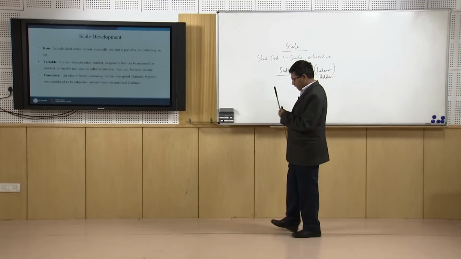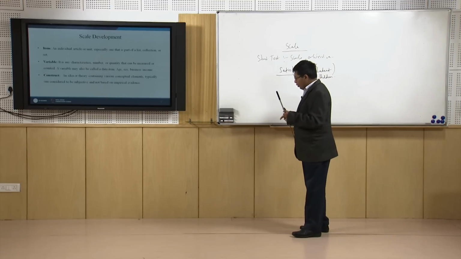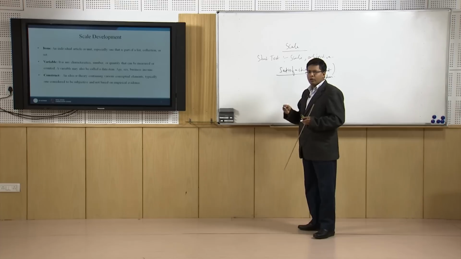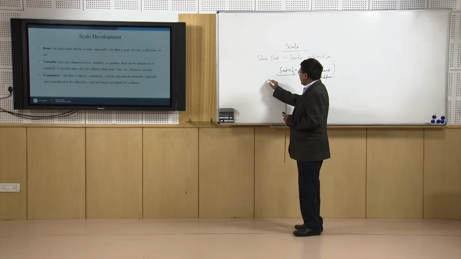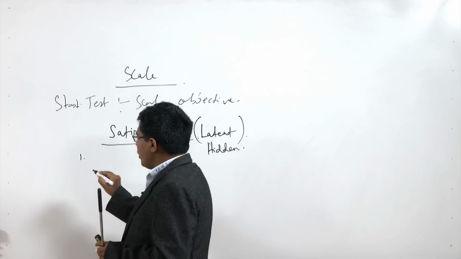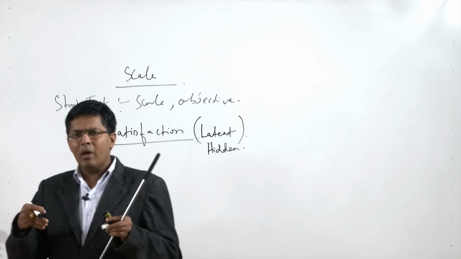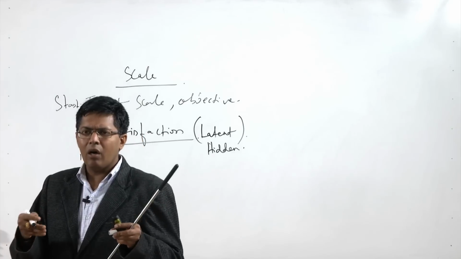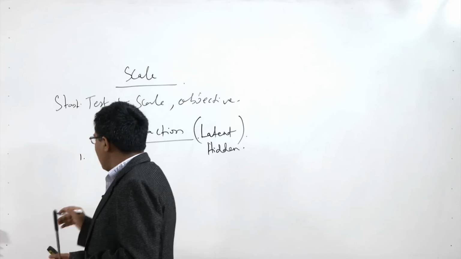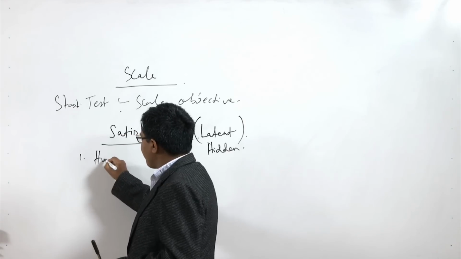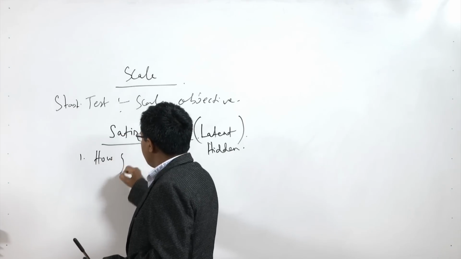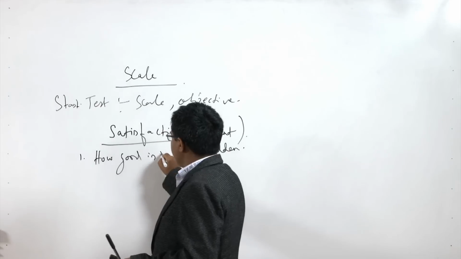Now, let us say you are asking people about job satisfaction, right. So, when you are asking about job satisfaction, you will have to ask not one but multiple number of things related to satisfaction. For example, how good is the ambience, okay.